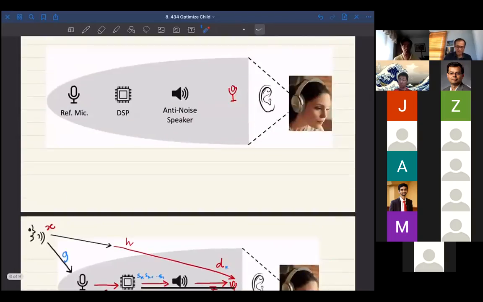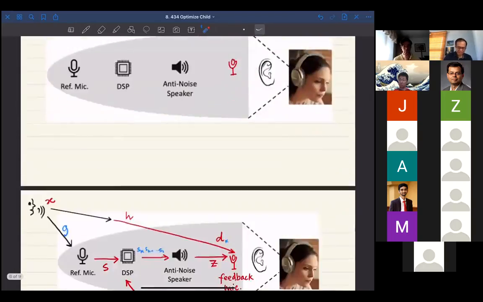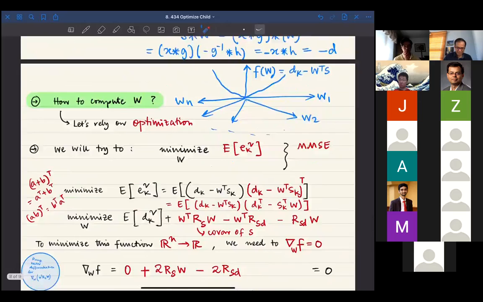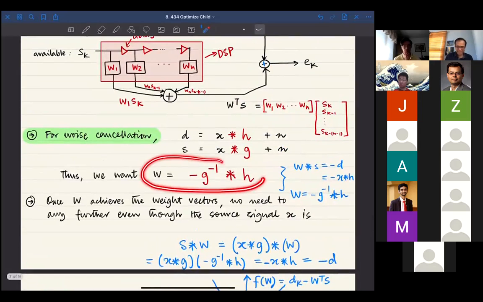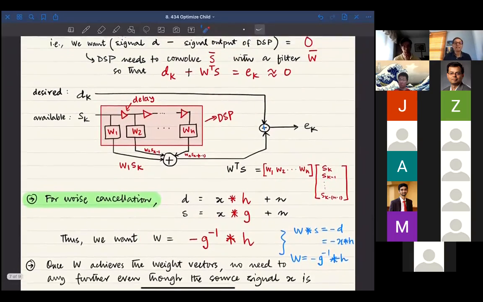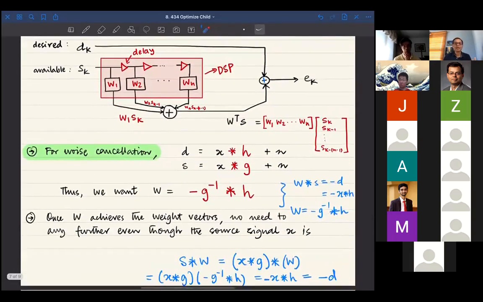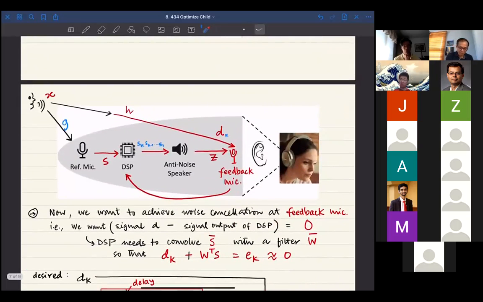W turns out to be this. You figured out the channel. Now, once you figured out the channel, what W is essentially doing over here is that this is G inverse H. Let me write that.